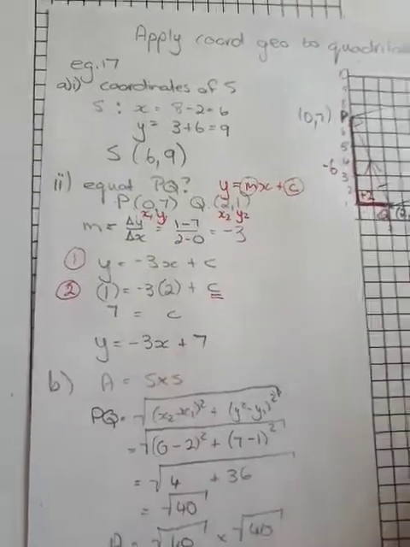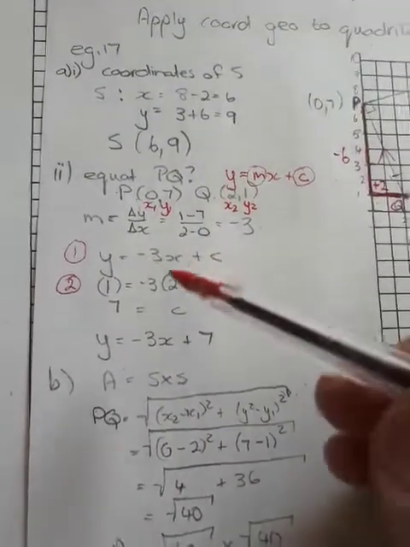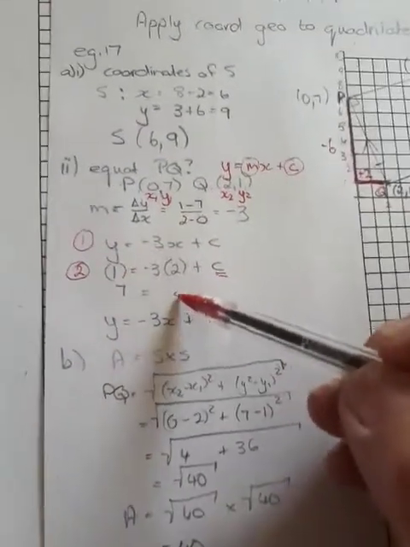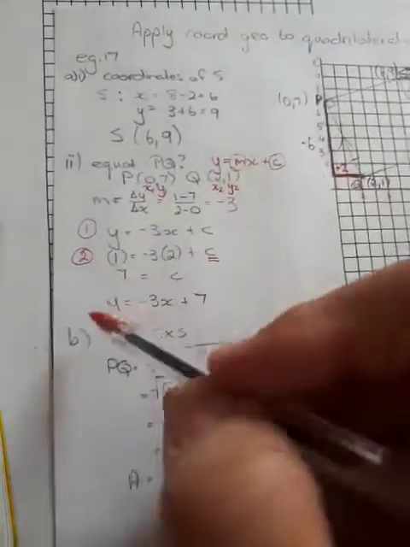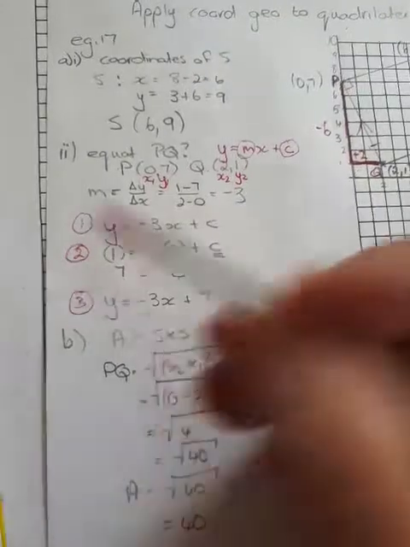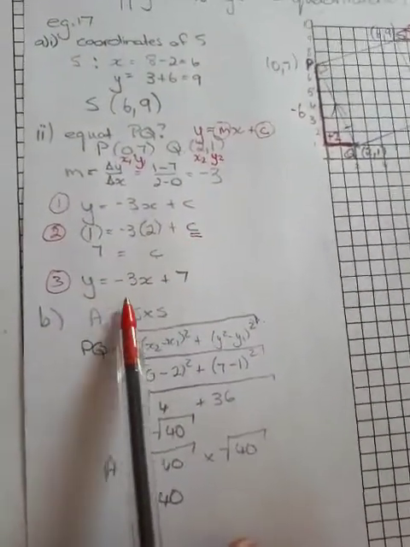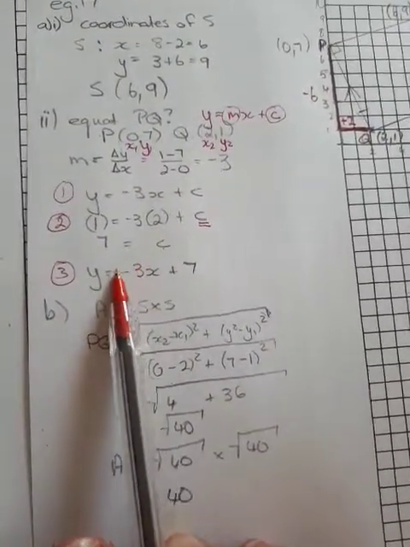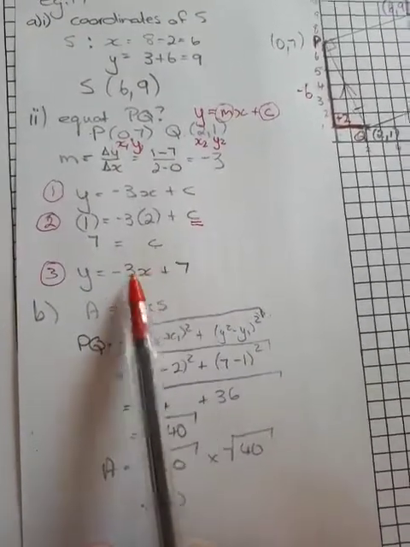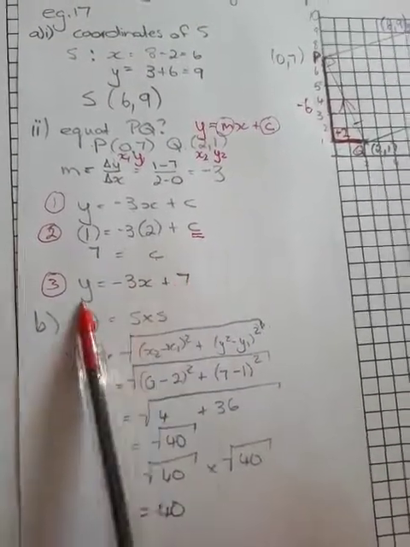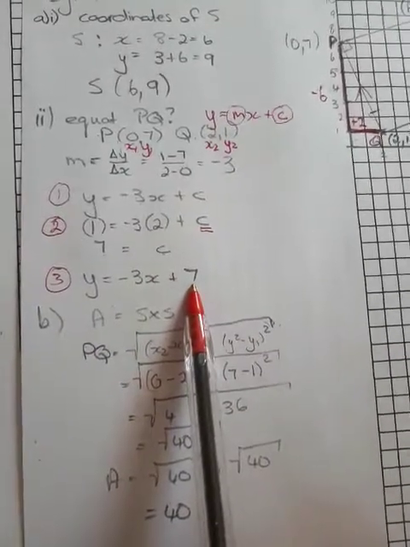Can you see that this is the only variable now? Then you calculate this and you will get c being 7. And then in the last step, step 3, you just put your answers into the formula. You have calculated m, you have calculated c, so put those values in and you've got your equation.